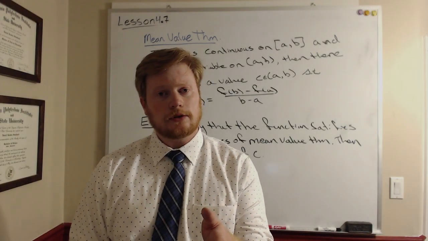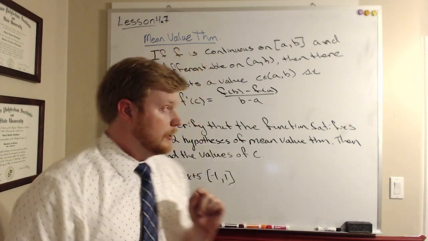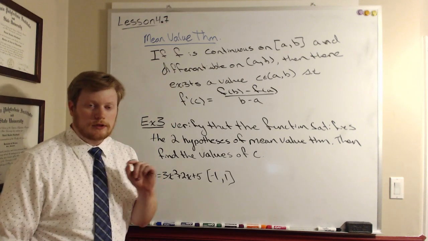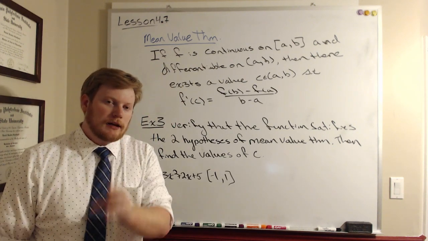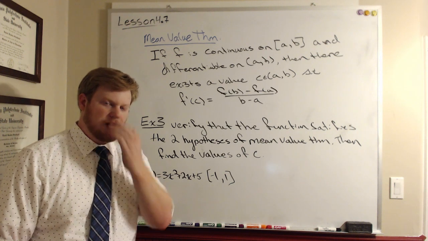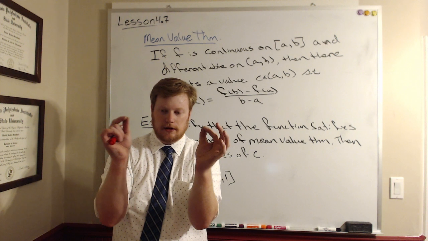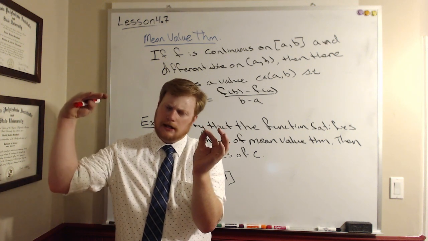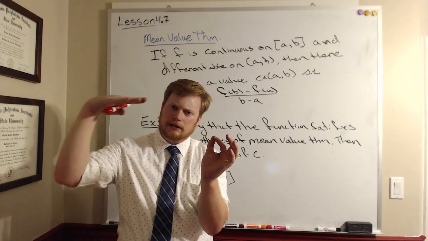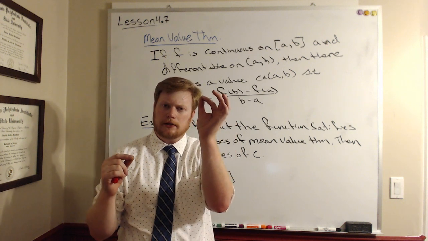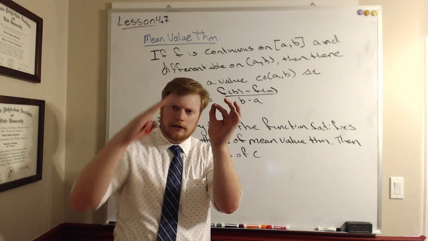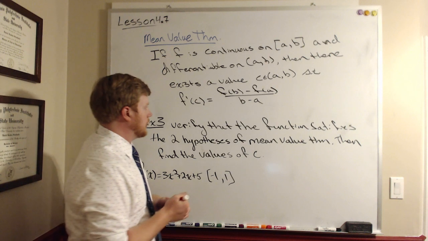Okay, so moving on to the mean value theorem. Mean value theorem and Rolle's theorem are not that different. It's just that the mean value theorem is not talking about instantaneous rates of change as being 0, but instantaneous rates of change as being equal to average rates of change.